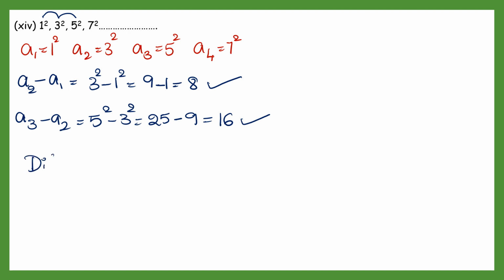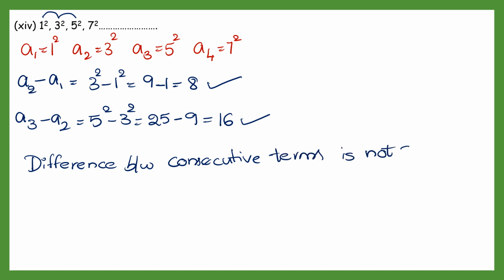So, the difference between consecutive terms is not the same. Hence, the list is not in arithmetic progression.